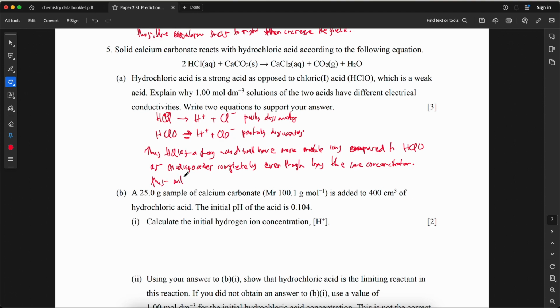This will cause HCl to have a higher electrical conductivity.